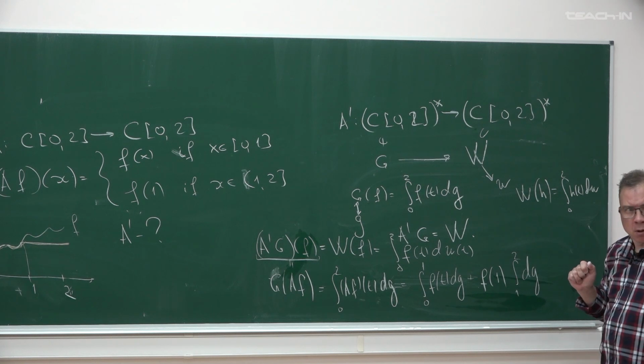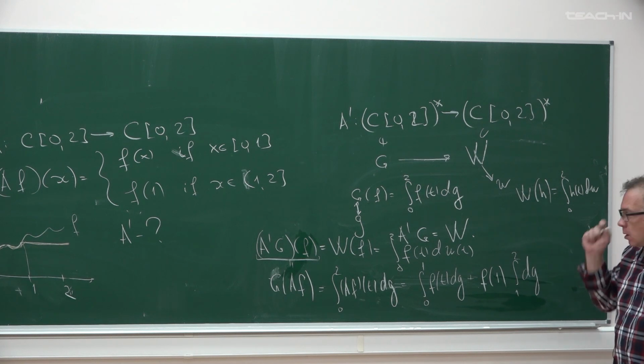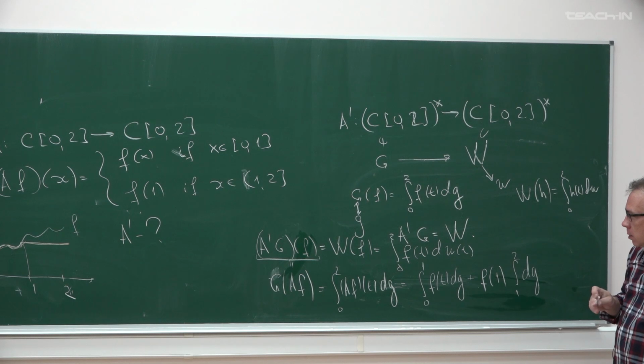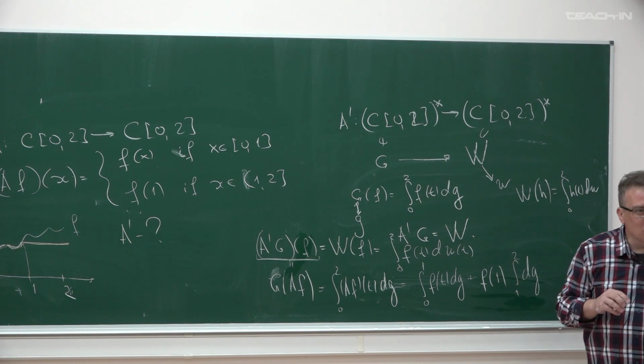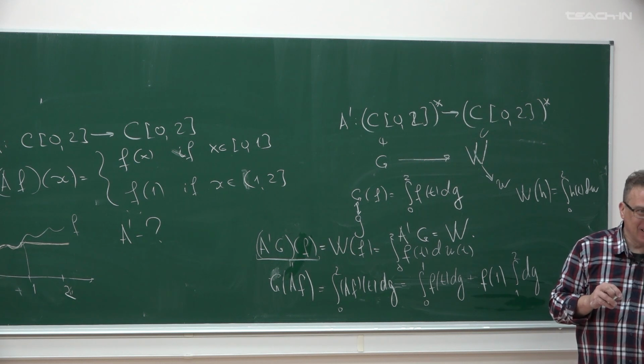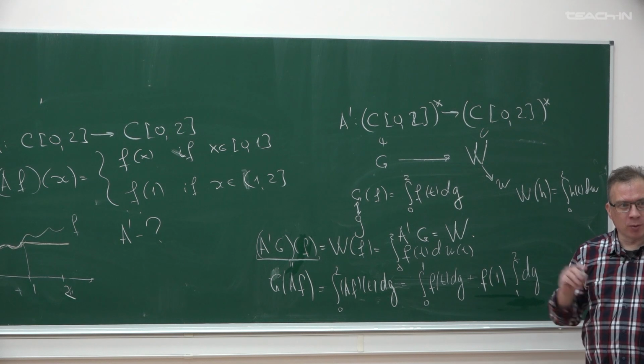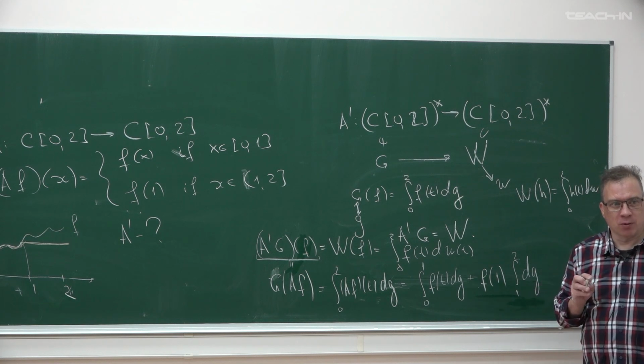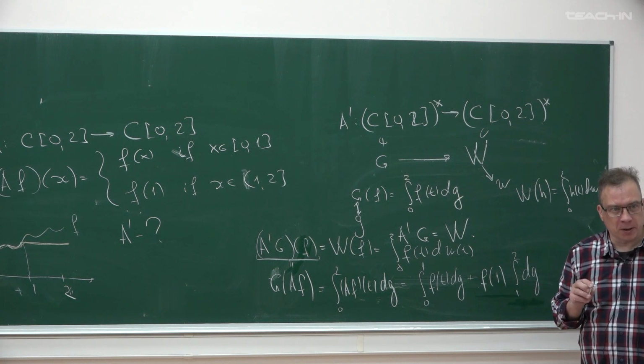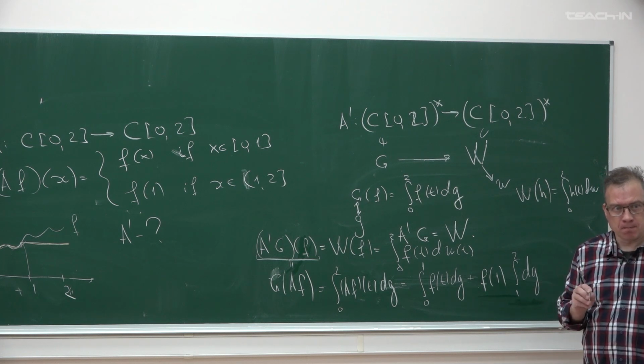But sir, why is A prime g of f equal to g of Af? It is just the definition of the adjoint operator. We began our lecture from the notion of the adjoint operator.